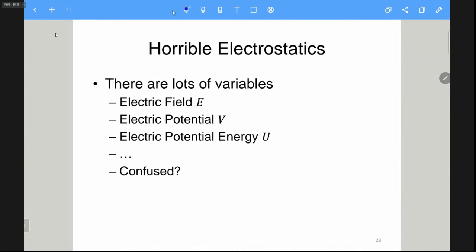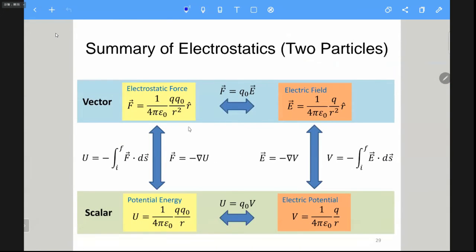So far, we have learned several variables: electric field, electric potential, potential energy, and also the Coulomb force. So you may be quite confused, and here I summarize it in this graph. In chapter 21, you learned the electrostatic force, which is K times Q Q0 over R squared. In chapter 22, you learned the electric field. And in chapter 24, you learned the potential energy and the electric potential.